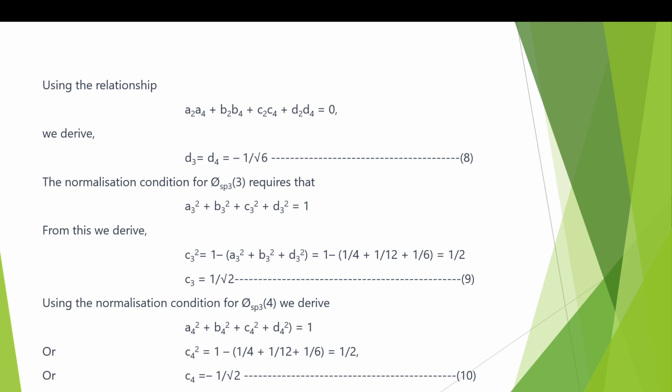Again, using the normalization condition for the fourth hybrid orbital, we can write a4 square plus b4 square plus c4 square plus d4 square equal to 1. Putting the values of a4, b4 and d4, we can evaluate c4 equal to minus 1 over under root 2, equation 10.